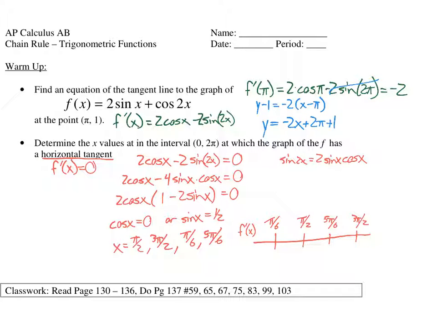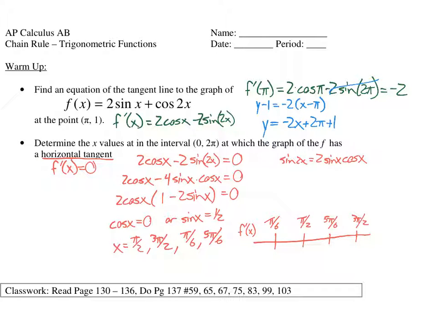Well, I know that for my derivative, 2 times the cosine of pi over 12 minus 2 times the sine of 2 times pi over 12, or pi over 6, we can figure out.